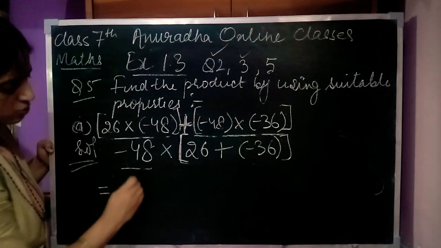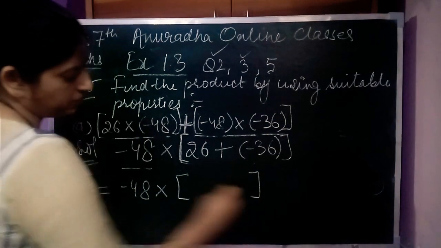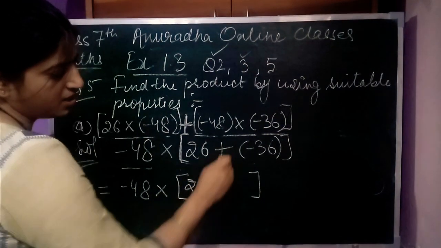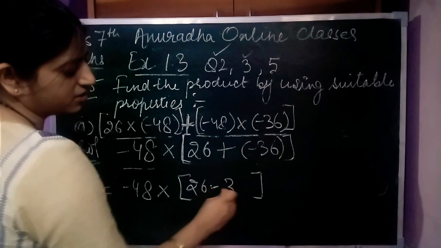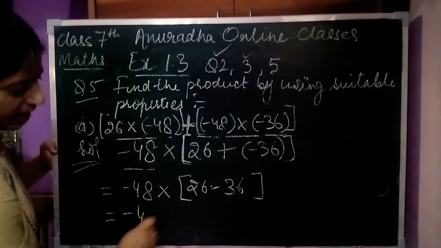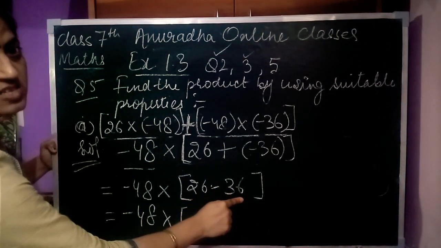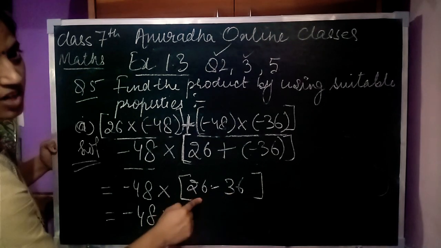Now that is equal to minus 48 into bracket. Now this is 26, plus minus is minus, and 36, right? That is equal to minus 48 into, now see, 26 minus 36. Which is greater? 36 is greater.